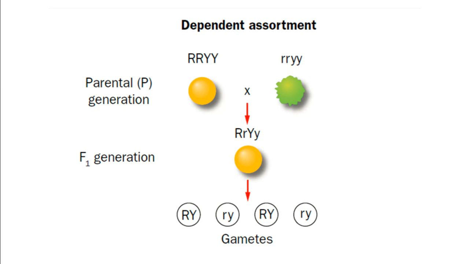Here we will have the dependent assortment, so we are only actually getting these 4 possible gametes being produced, therefore reducing the number of outcomes which we can see in the offspring in the F2 generation.